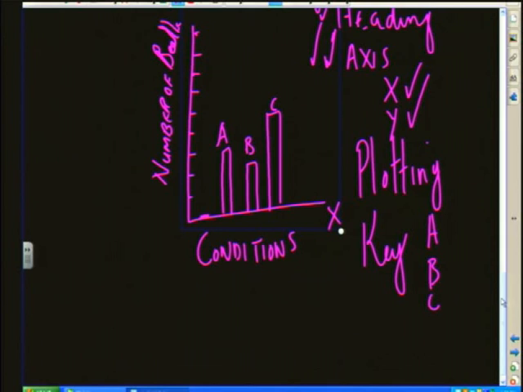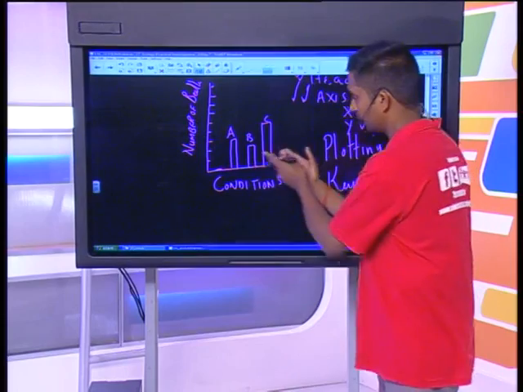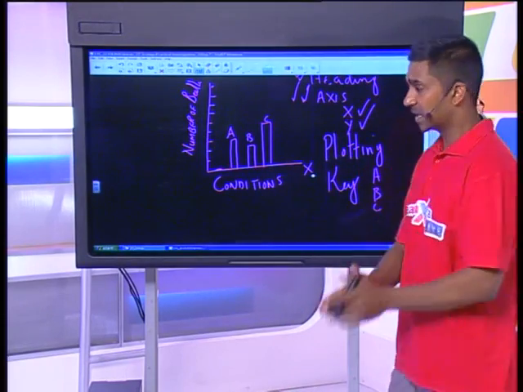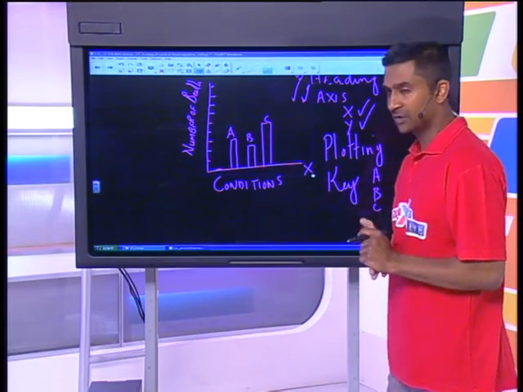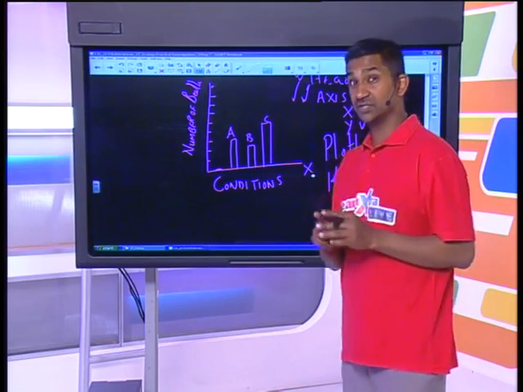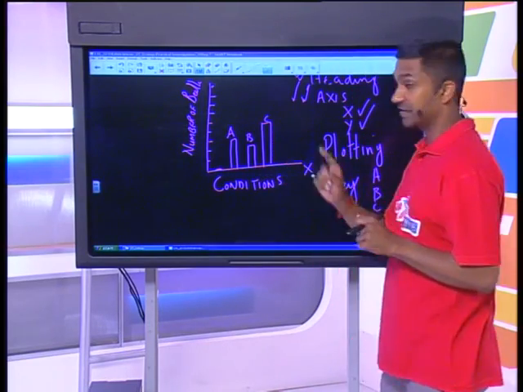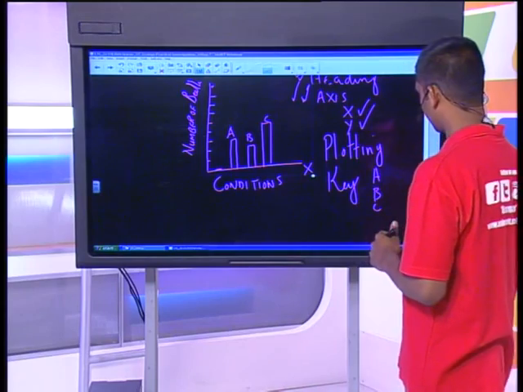Remember to use the ruler, to give it a heading, to label your axes, to plot within the scale, and to give it a key to define the different bars. And obviously for identifying the correct type of graph, I would have chosen a bar graph and not a histogram. Remember, histograms are connected. In this case, the variables are not connected. The conditions are quite different.